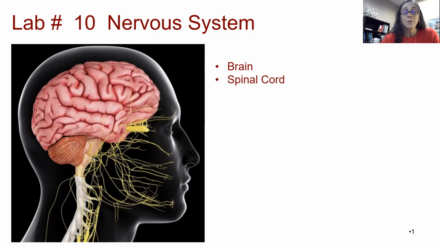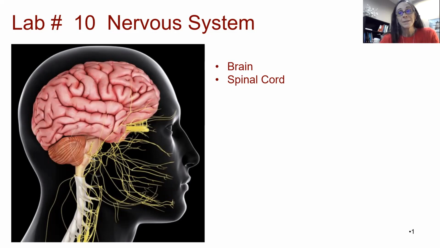The stimuli are basically not processed but channeled into the central nervous system, where they are integrated, and integration can occur either by the spinal cord, by the brain, or by both.